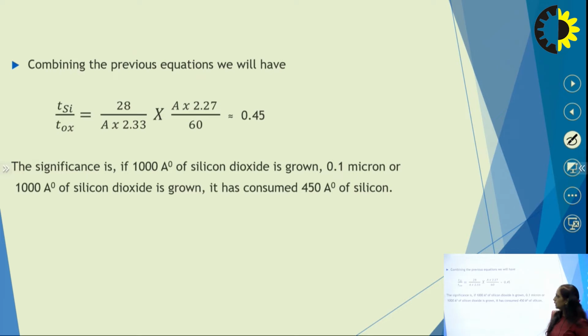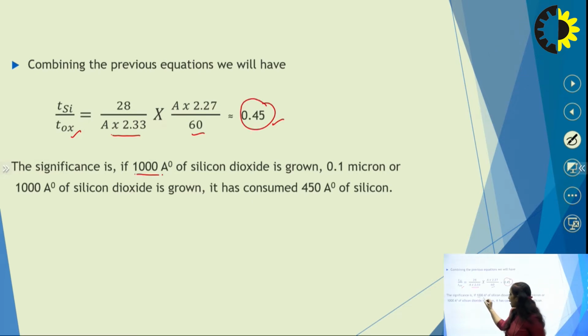So by using these two equations, we can calculate the thickness of silicon divided by the thickness of the oxide layer. We will have 28 divided by A into 2.33, times A into 2.27 divided by 60. If you solve this, you will have 0.45. So this 0.45 states that if 10,000 Angstrom of silicon dioxide is grown over the silicon substrate, then it will consume 4500 Angstrom of silicon.